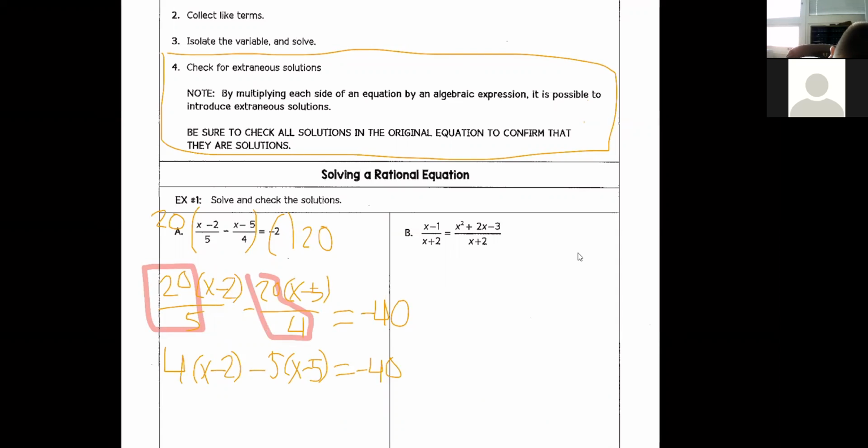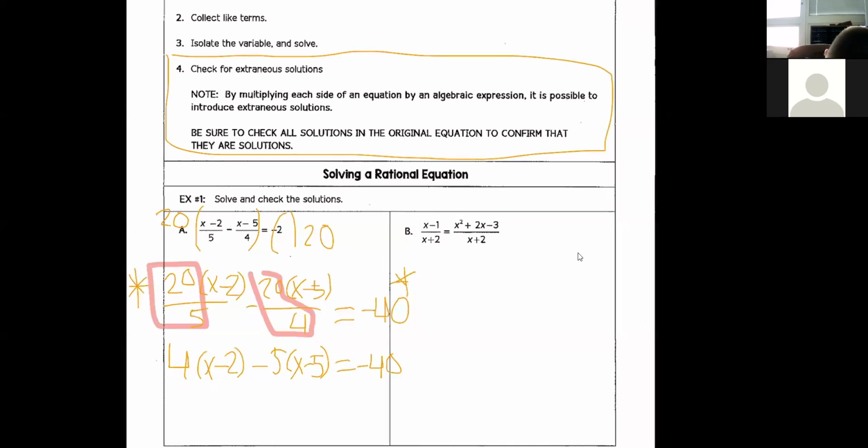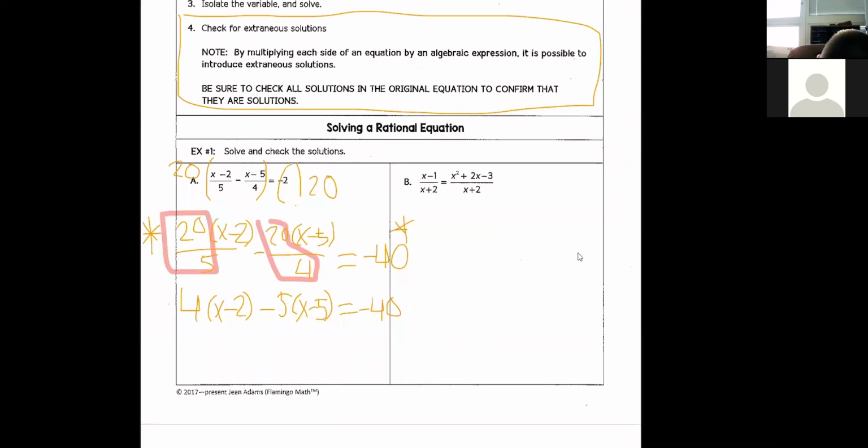What I wrote here, you don't necessarily need to write if you can simplify it in your head. When you multiply this by 20, think about how that's going to cancel out that bottom and what it's going to change to. Then if we distribute, this would be 4x minus 8. Be careful when you distribute the second one. Remember that negative, you've got to distribute it to both parts.